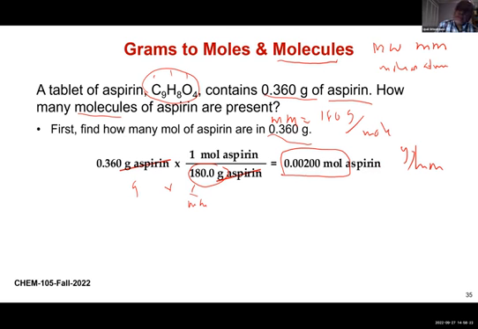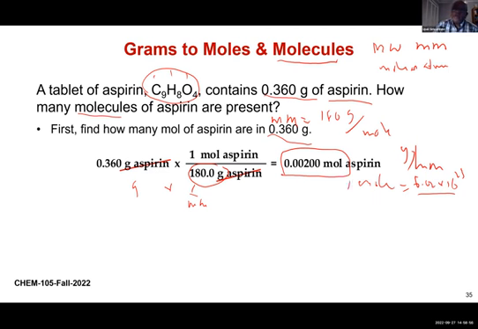So this is a mole. A mole is 6.02 times 10 to the 23 molecules. Whatever the unit, this is molecules. 1 mole of formula units is also that many, the Avogadro number of units.